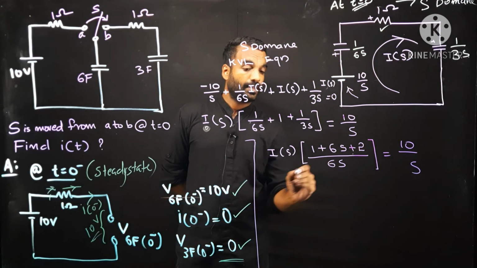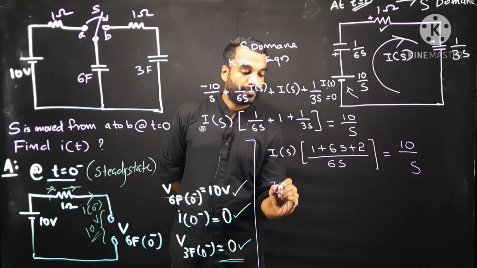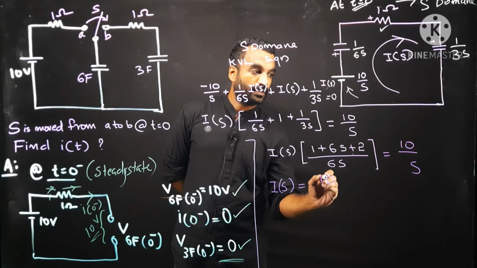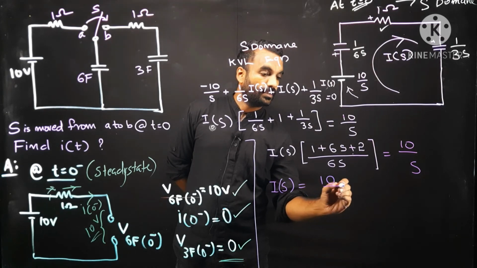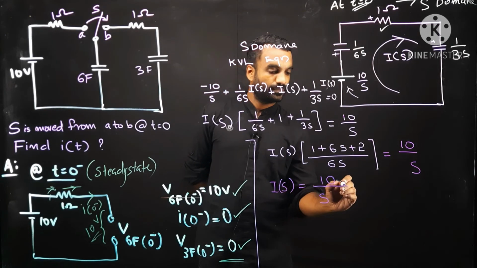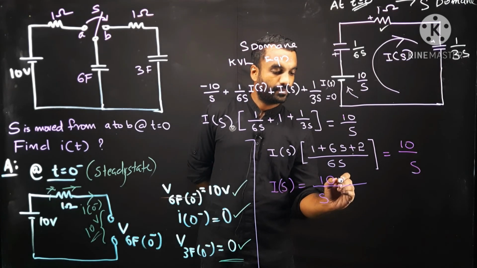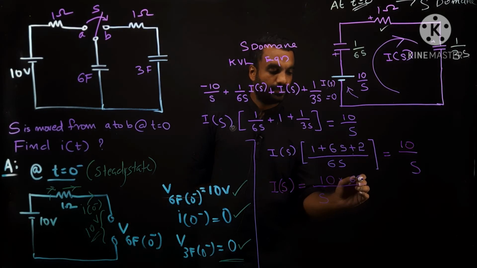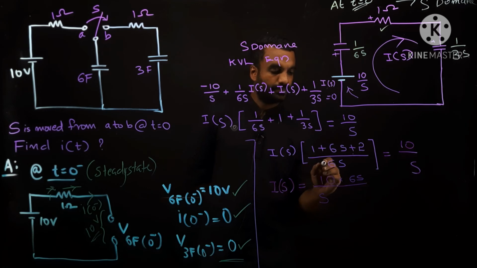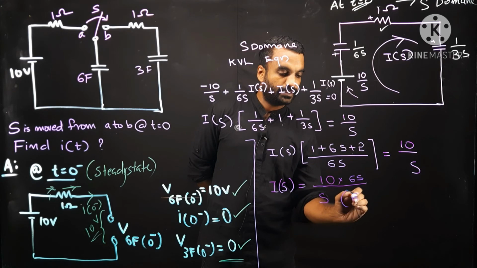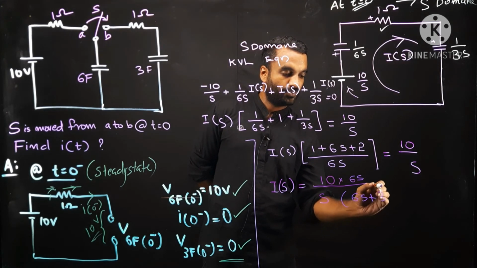Then I of s is equal to 10 by s into 6s by 6s plus 3.